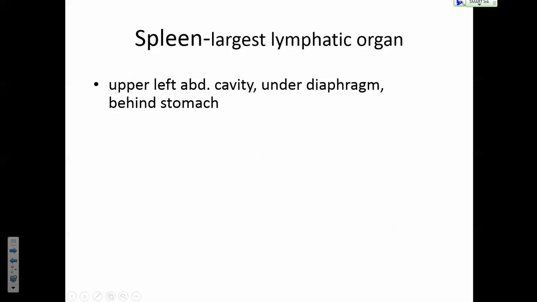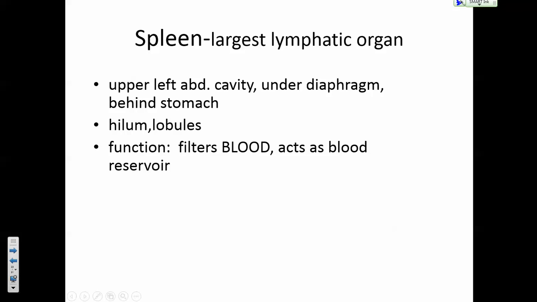Okay, it's up under the diaphragm on the left side of the upper abdominal cavity, and it has little lobules in it. And it has nodular areas that have a lot of lymphocytes, but it's not lymph that's moving through it, it's blood.